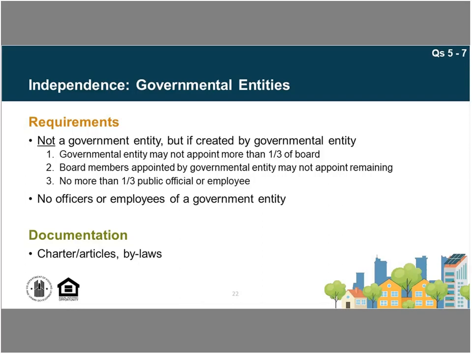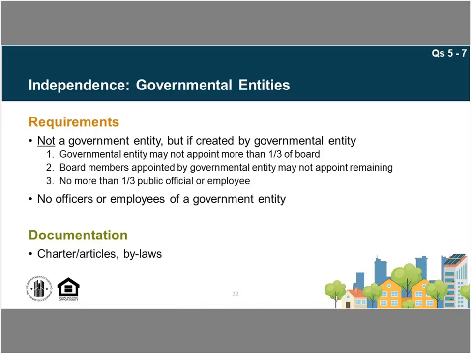The concept here is that CHDOs are, by definition of the statute and the rules, supposed to be independent community-based organizations. They can be sponsored or created by a governmental entity or a for-profit, but within certain limitations to make certain that the sponsoring entity does not control the organization.